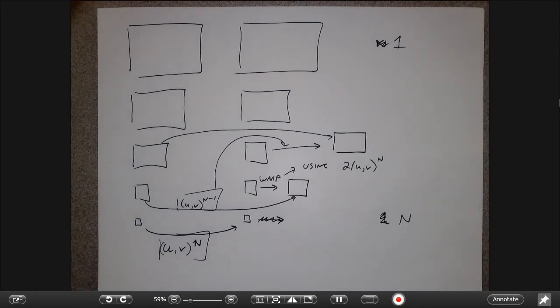Interesting. Right. So why are we warping the image that? I mean, in my mind it would make more sense if we were using that to warp the left-hand image. Oh, I see what you're saying.